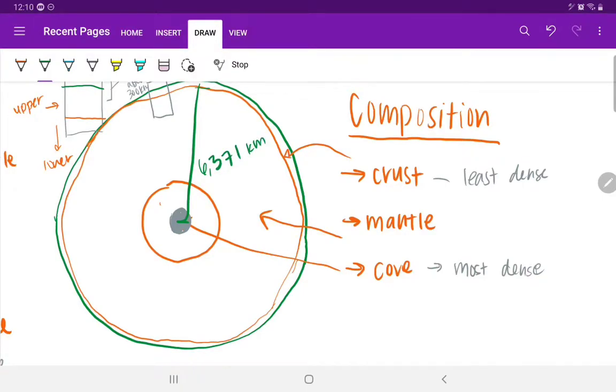So that's the entire radius of the Earth. Now the crust, and we'll get into this in the next video, actually varies from place to place depending on whether we're under a continent or under an ocean. But the crust is typically somewhere between 7 and 35 kilometers.